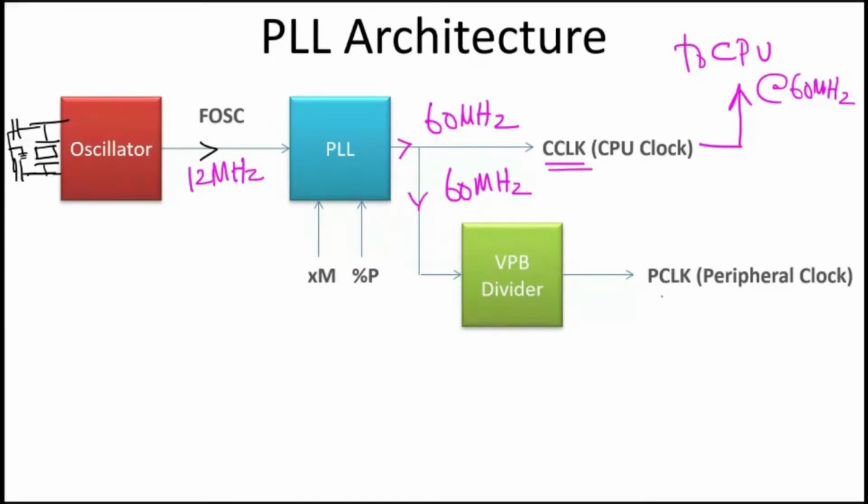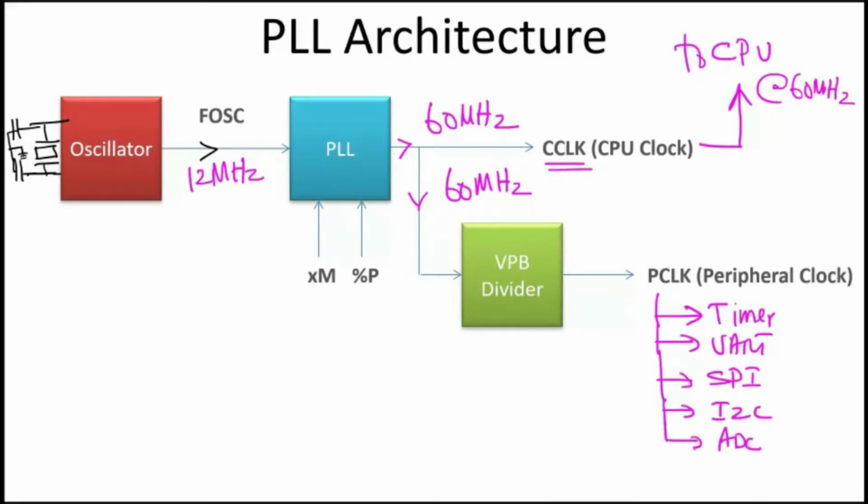This peripheral clock supplies the clock frequency for all the peripherals, including my timer, my UART, SPI, I2C, ADC, and DAC. All the peripherals derive the clock only from the peripheral clock.